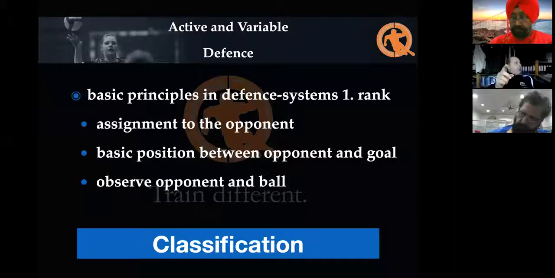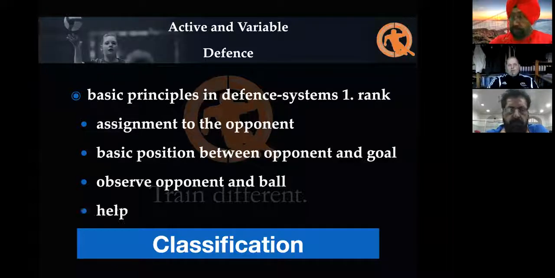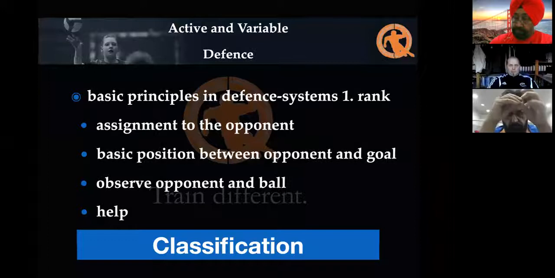But if the ball is in another position and it's a one-on-one without ball, where ball possession is with another position in attack, you have to spread your observation as a player in defense. So it's always a little bit more demanding. And the last one, depending on that observation, help against breaking through attackers in the neighbor position. This depends on observation and decision making.